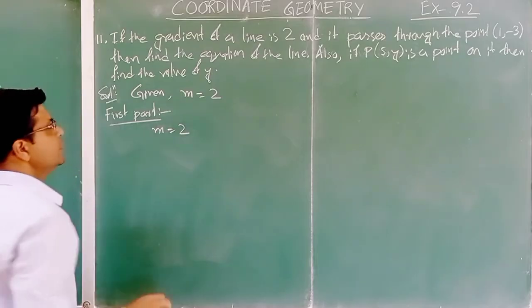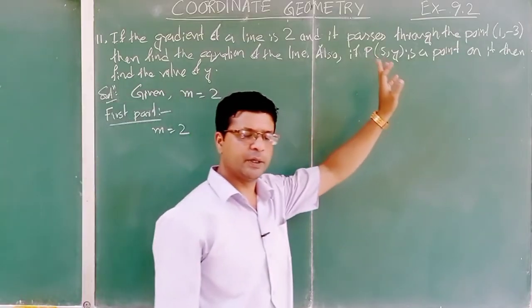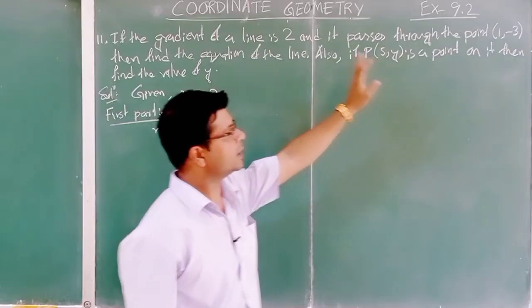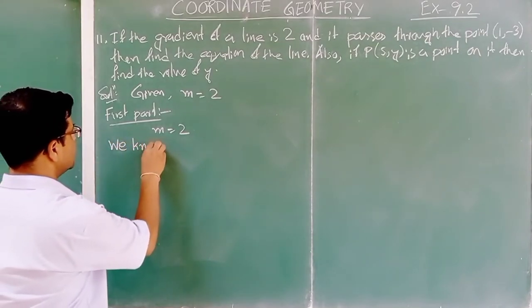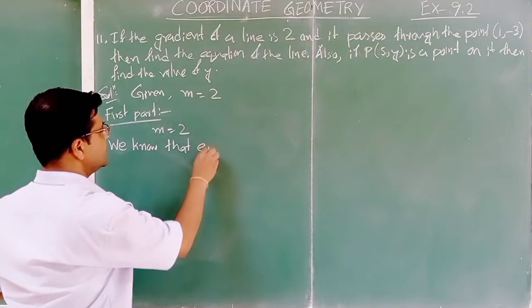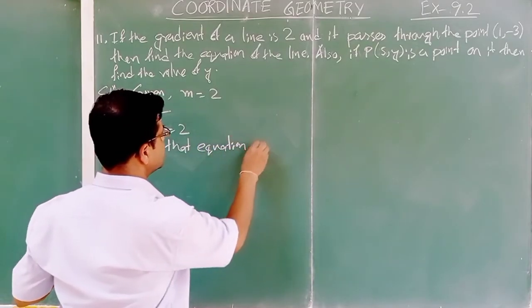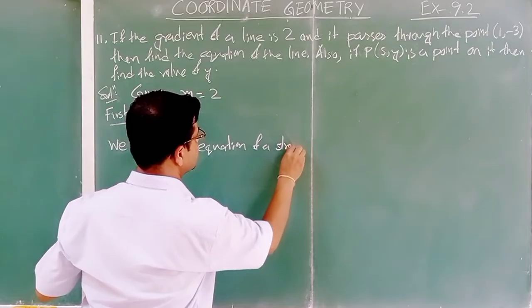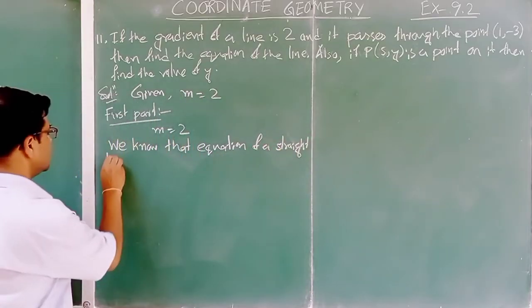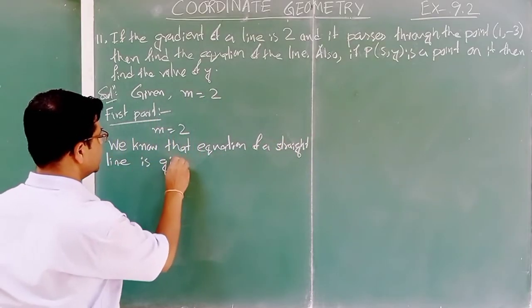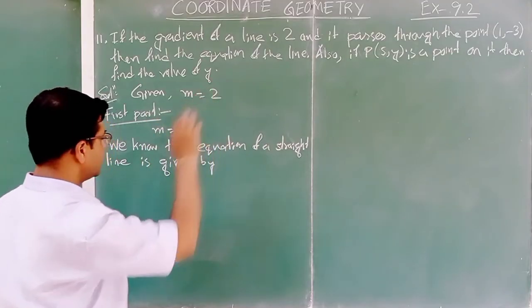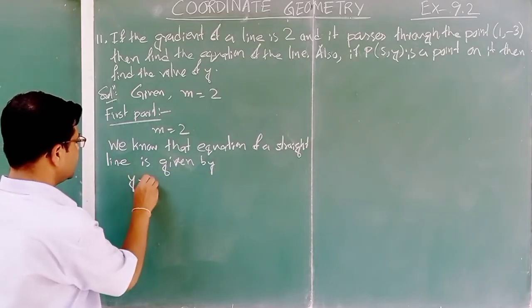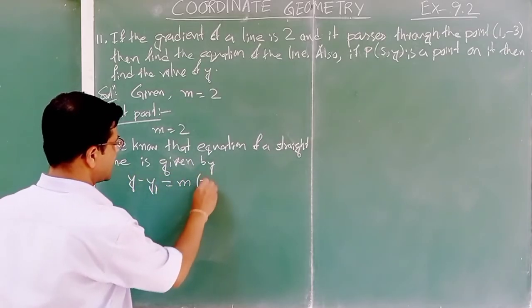So we know that if the gradient and the coordinates of a point are given, then the equation of the straight line is given by, can you remember? I am writing here. We know that the equation of a straight line is given by y minus y1 equals m times (x minus x1).